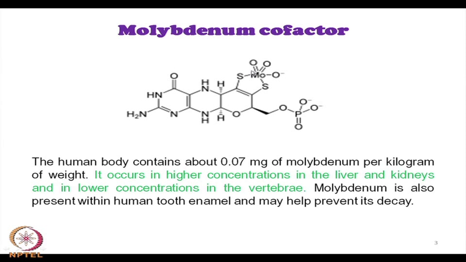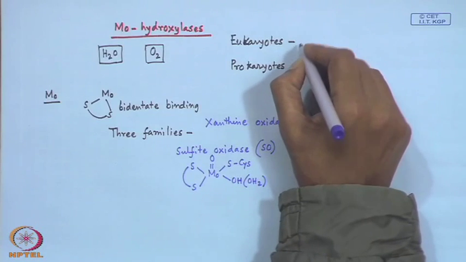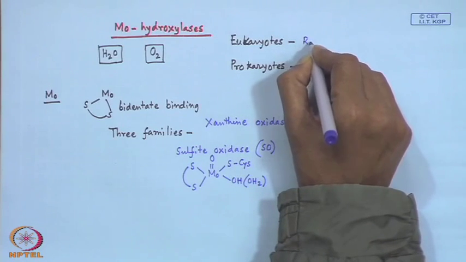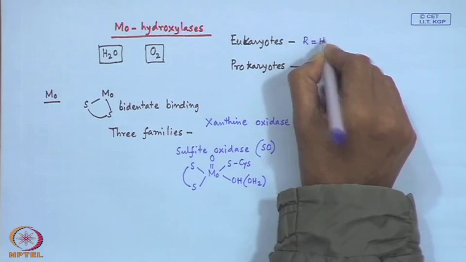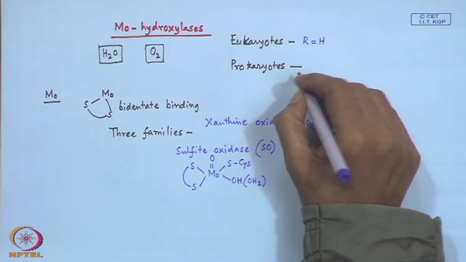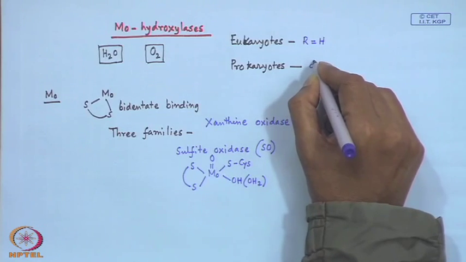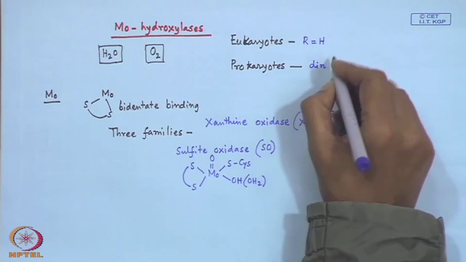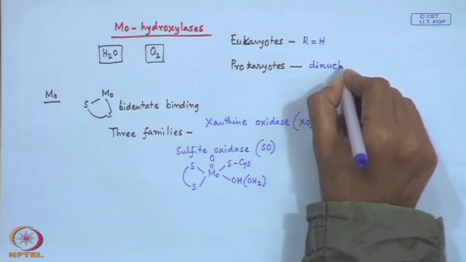So, you have the molybdenum center, then the corresponding pyranopterin unit, and that pyranopterin unit is useful for the attachment of the molybdenum, but your phosphate group can also play some important role to attach the different nucleotides or the simple phosphate unit. So, in these eukaryotes, your R group on that phosphate is basically H, and in case of the different prokaryotes, you have the nucleotides or dinucleotides.